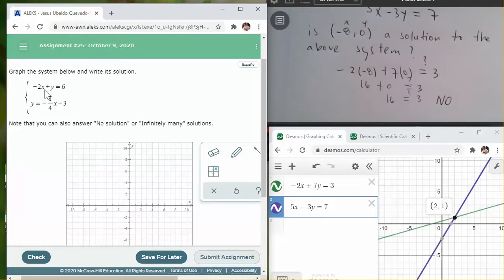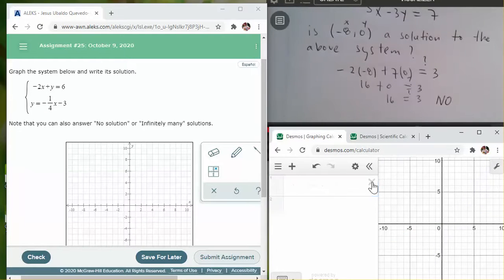Of course, the easiest one would be to use Desmos, but remember that we have been using tables to graph. So we can use a table to graph this and another table to graph this. So we put the two graphs like the ones that we were doing in other examples and look for the intersection. Once we find the intersection, then that's the solution. If there is no intersection, we say no solution.